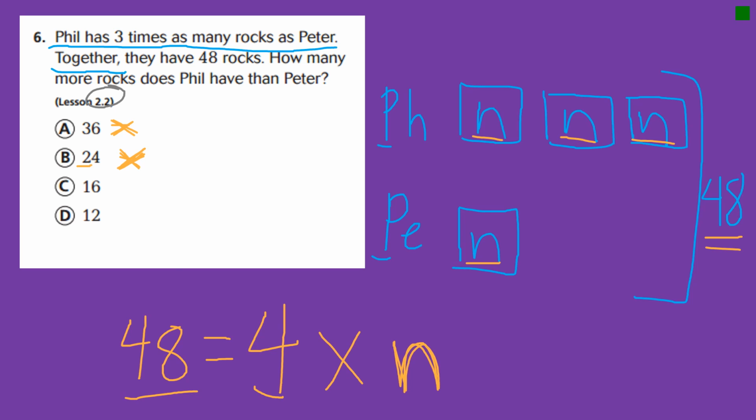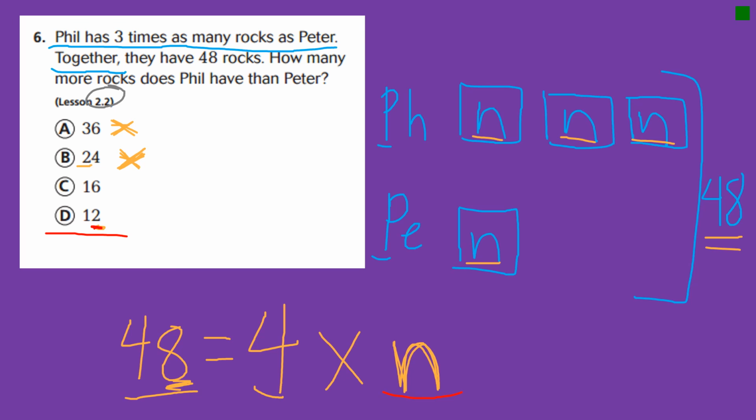Oh, I think I have an idea. Do you see that 2 in the ones place there? Let's try putting 12 in for n. And you know why I chose 12?